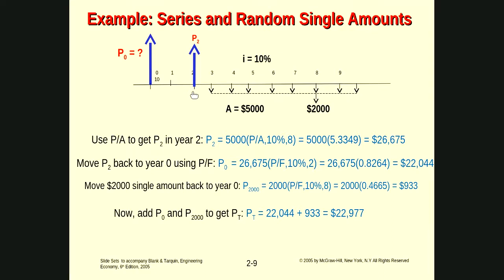Please, whoever has the mic on, please turn it off so the voice is clear to the other students. So the question asks to have the present at 0. It could be asking for the present at year 1, or it could be asking for the present at year 2. Try to solve this example at year 2, and let's check in the next class if you understood the material or not.